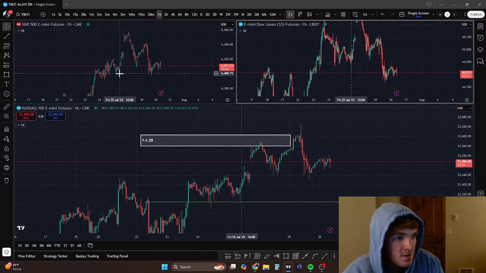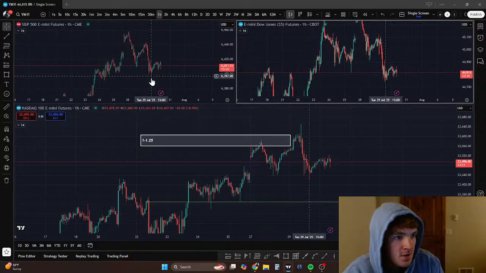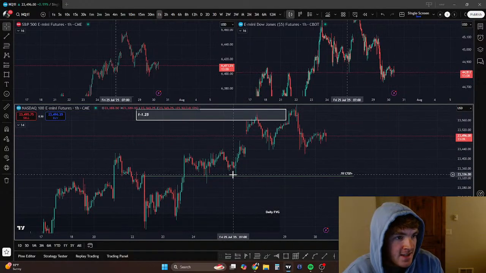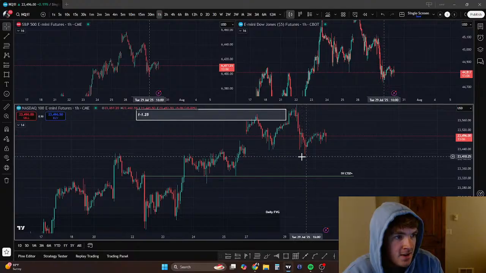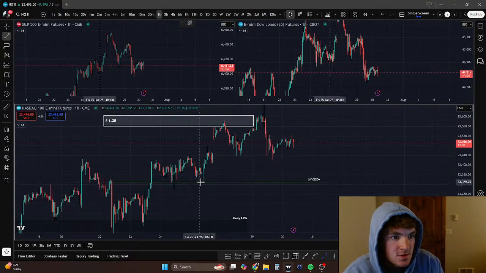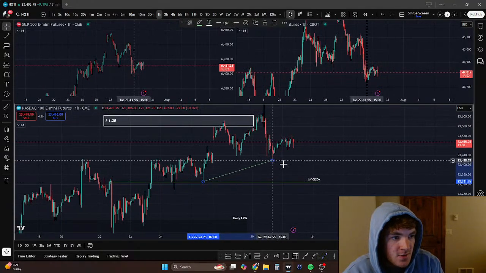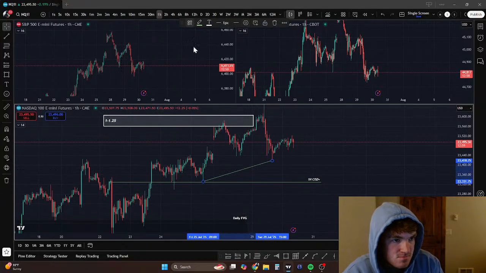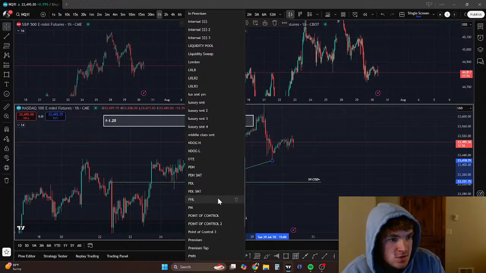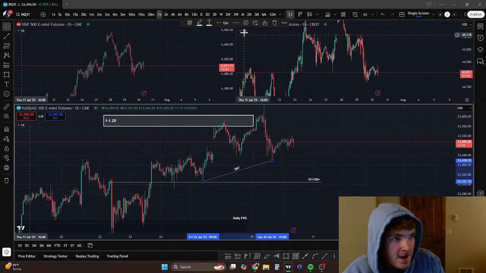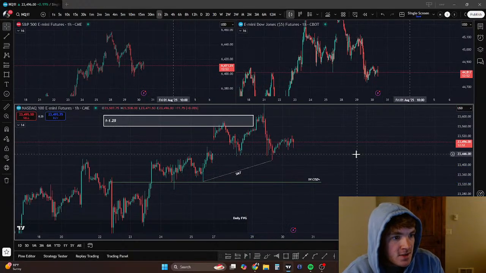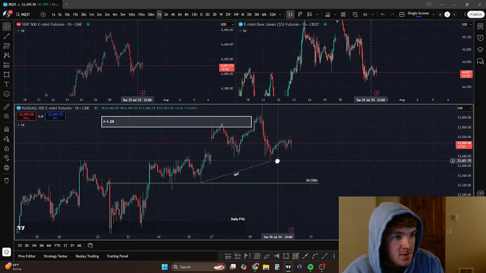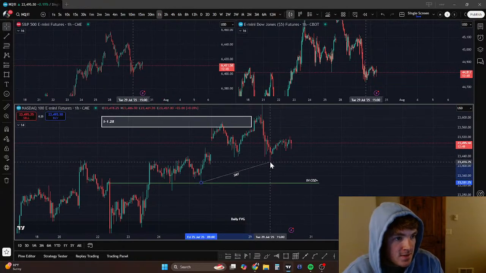Because this is a low, and this is a lower low on S&P, versus on NASDAQ this is a low, and this is a higher low. So we do have a bullish SMT here.